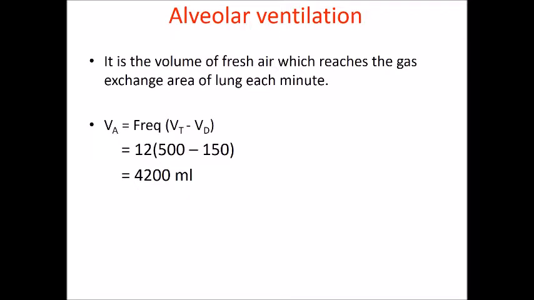Our respiratory minute volume or pulmonary ventilation was 6 liters because at that time we were also taking dead space into consideration. But dead space does not take part in gas exchange, so we should remove it in the final calculation. So our true alveolar ventilation is 4.2 liters.